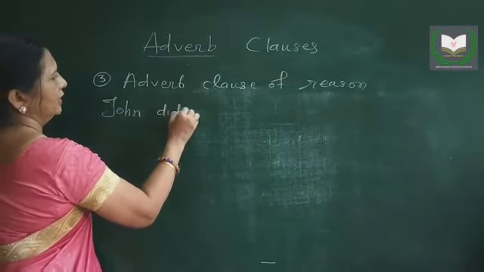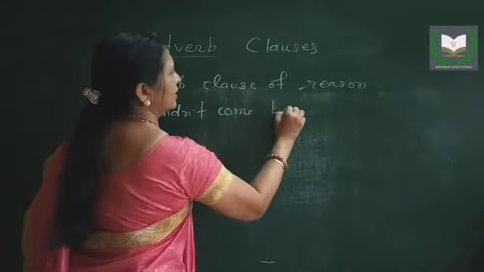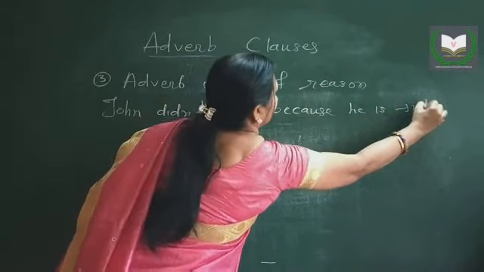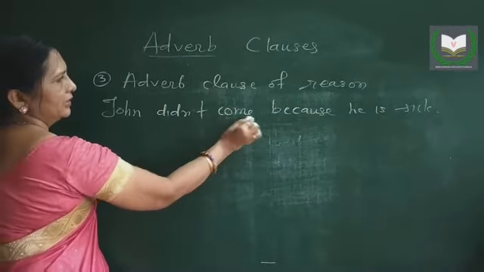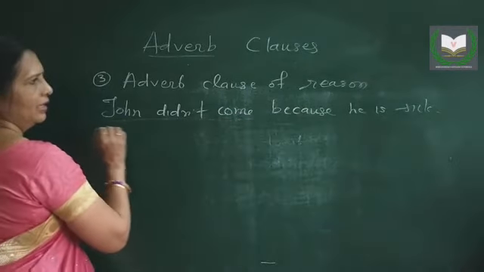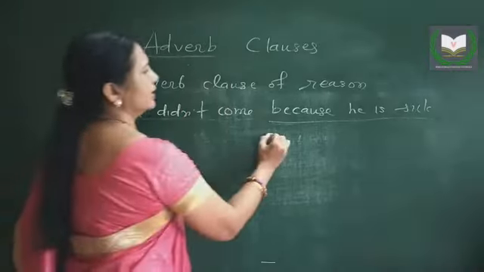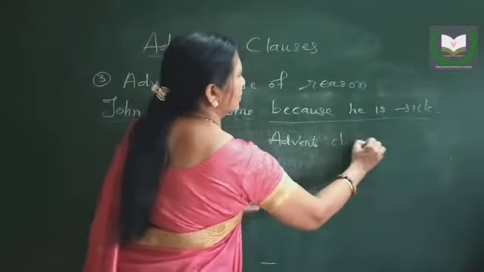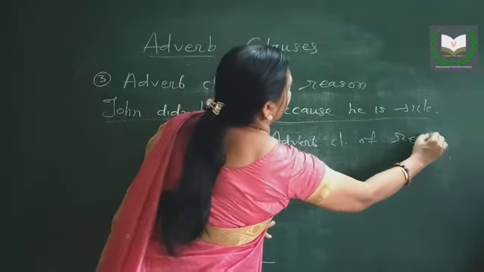John didn't come because he is sick. So John didn't come, this is the main clause, and because he is sick, this is the adverb clause of reason.